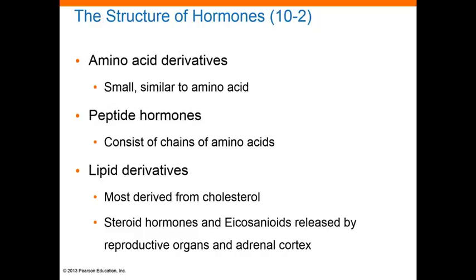The largest class of hormones are the peptide hormones. These include all the hormones secreted by the hypothalamus, pituitary gland, heart, kidneys, thymus, digestive tract, and pancreas. There are two classes of lipid-based hormones, most derived from cholesterol. They are steroid hormones and eicosanoids.